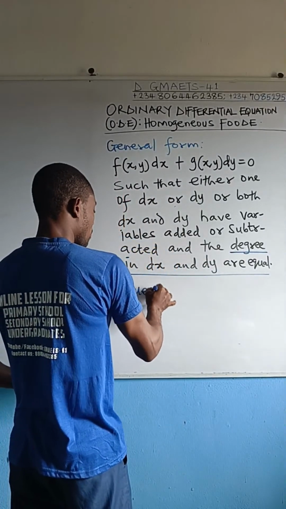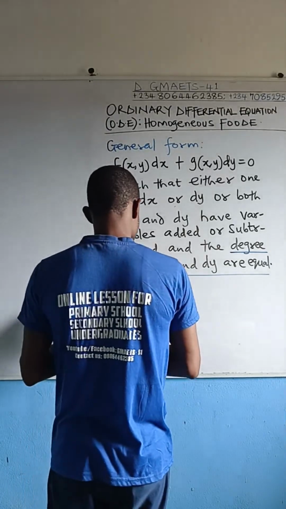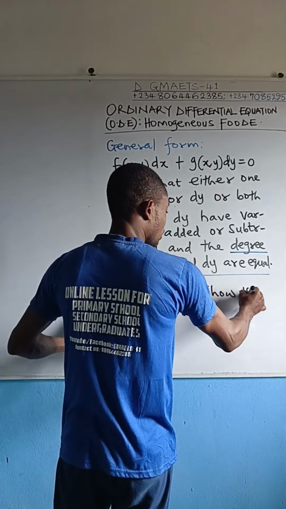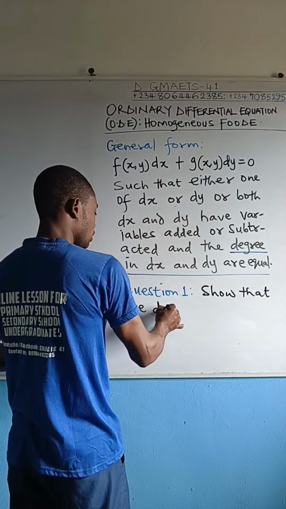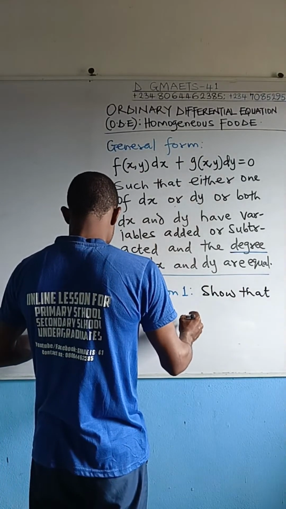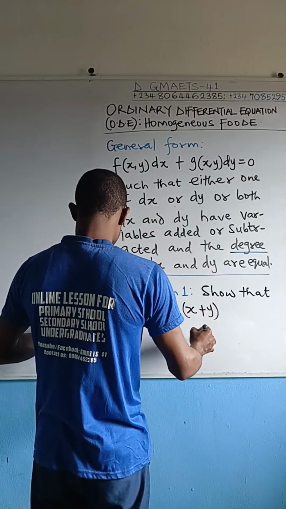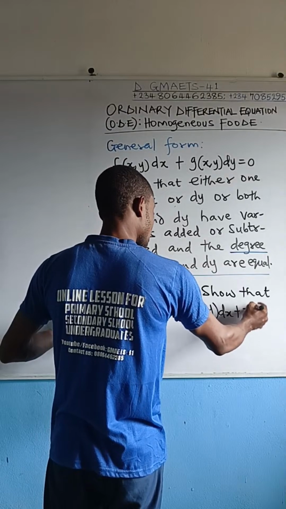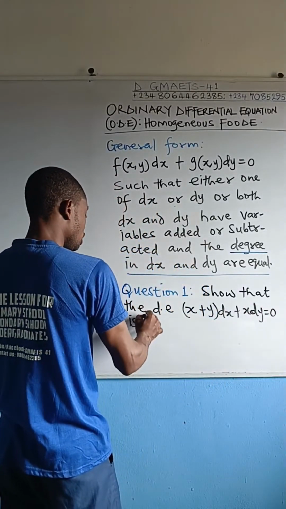Question 1. Show that the DE, (x + y) dx + x dy = 0, is homogeneous.